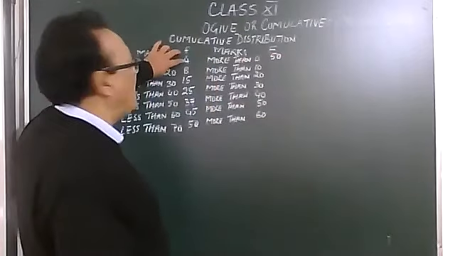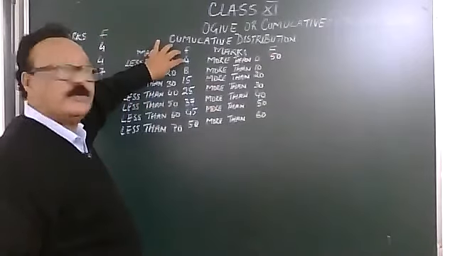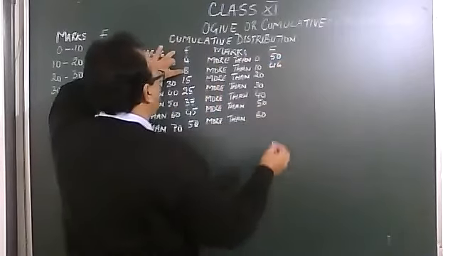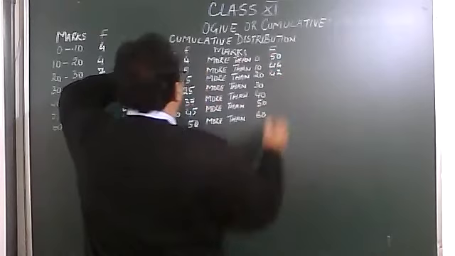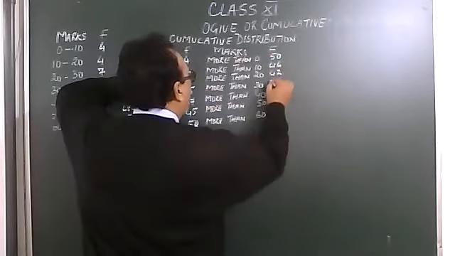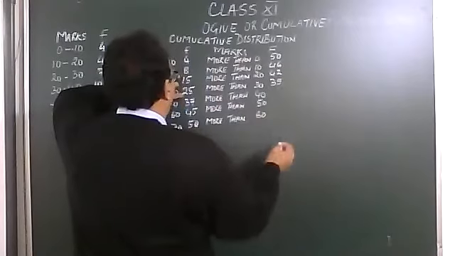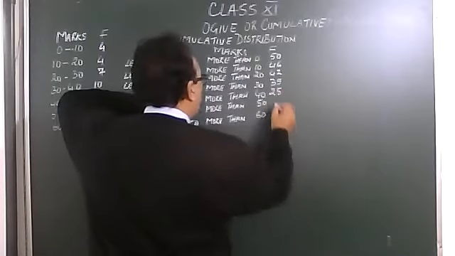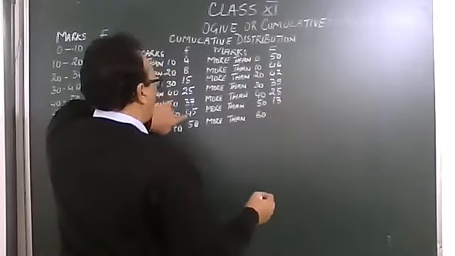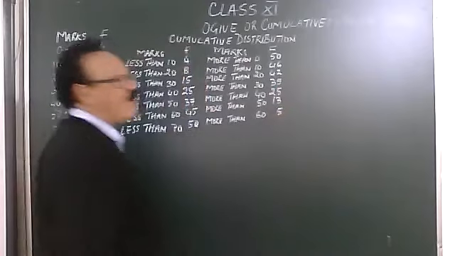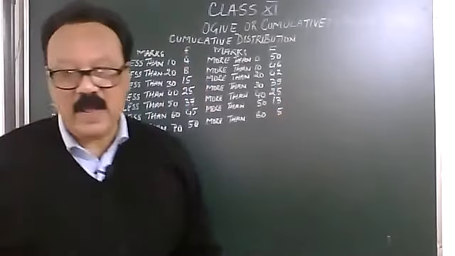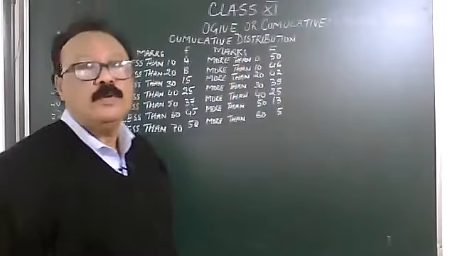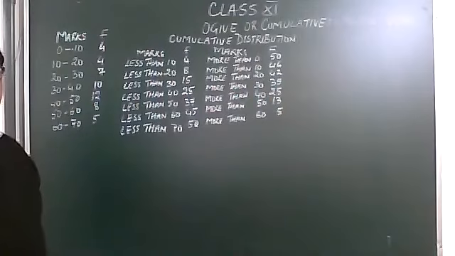Then from this table you will keep minusing the values. 50 minus 4, 46. 50 minus 8, 42. 50 minus 15, 35. 50 minus 25, 25. 50 minus 37, 13. 50 minus 45, this is your 5. So the first thing we have done is we have converted the data into the less than and the more than series.